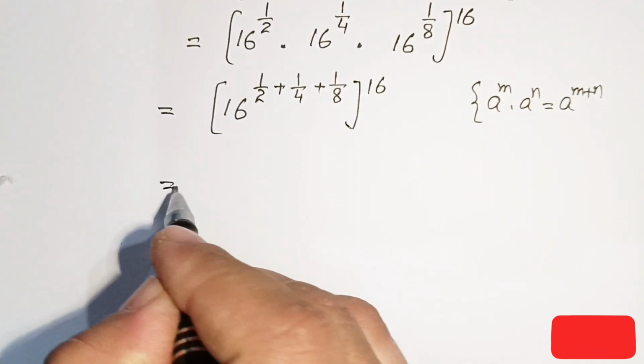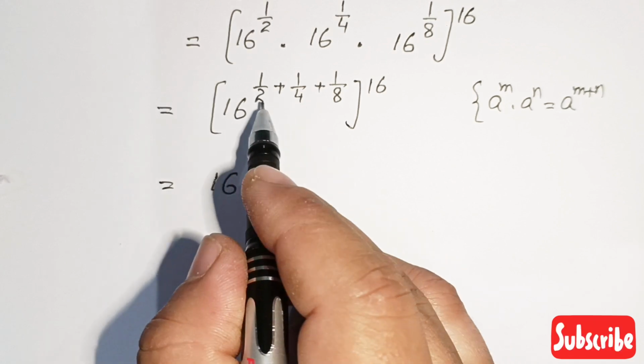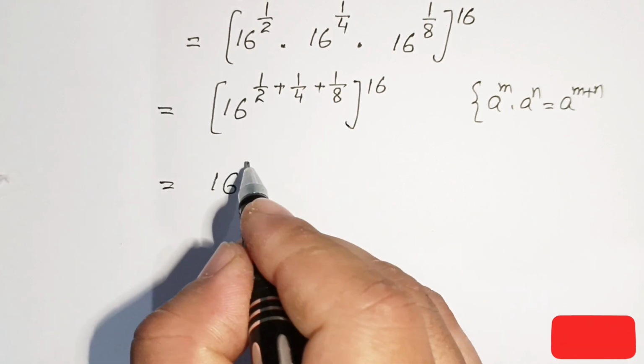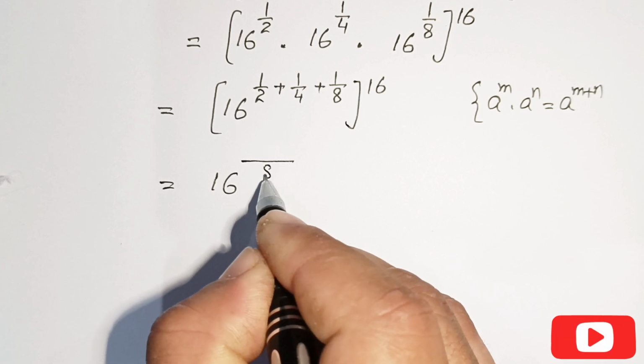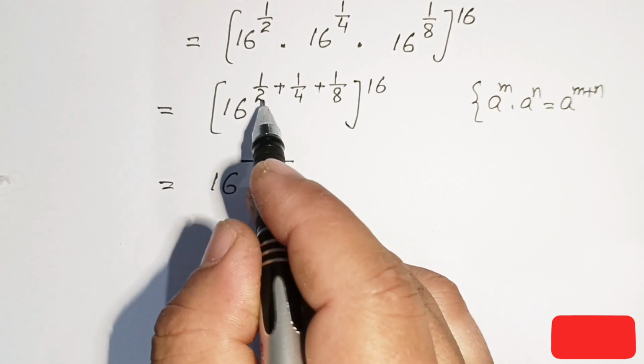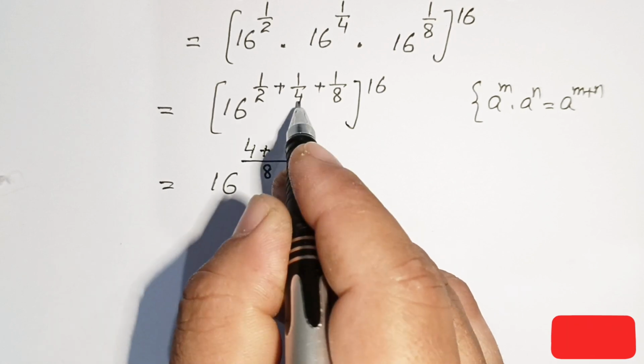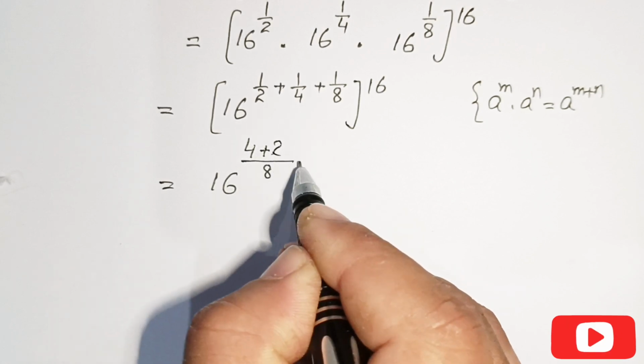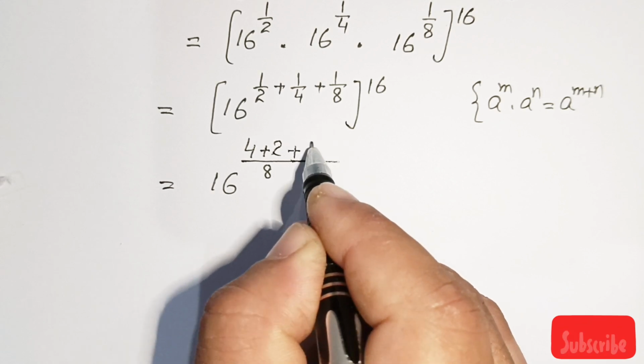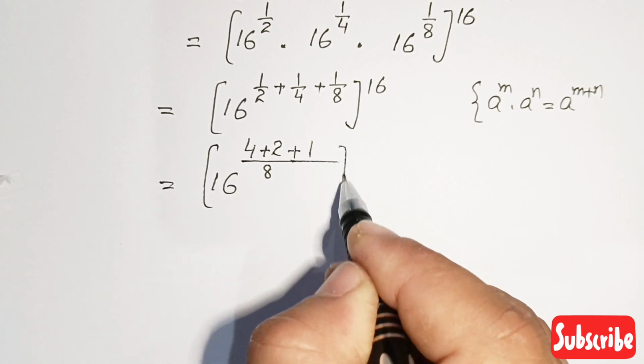Here we have 16 to the power of 1 over 2 plus 1 over 4 plus 1 over 8. If we take the common multiple, which is 8, then dividing 8 by 2 we get 4, 4 times 1 is 4, plus 8 divided by 4 we get 2, and 8 divided by 8 we get 1, whole to the power 16.